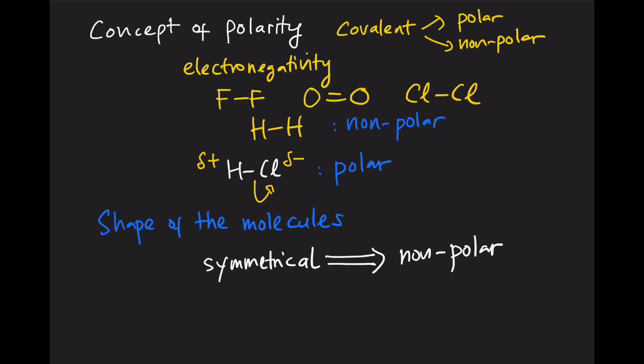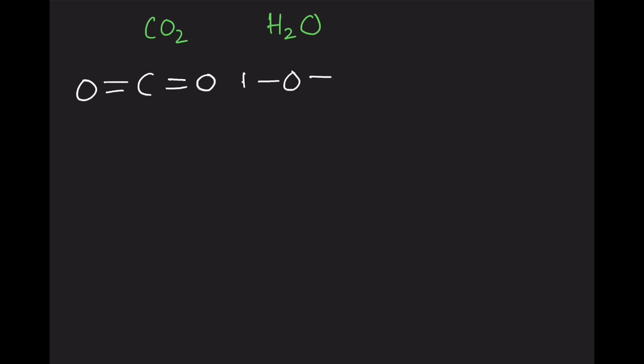Let's take two molecules as an example. Suppose we have CO2 and H2O. If we write down the Lewis structures of these compounds, you will write down O=C=O like this, and O surrounded by hydrogen like that.